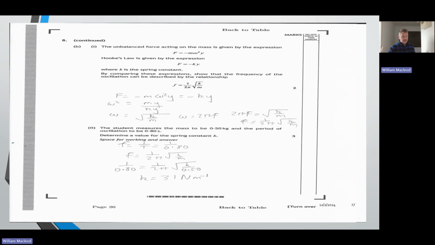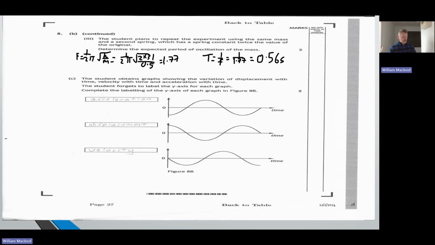Right, so next question. The student plans to repeat the experiment using the same mass and a second spring, which has a spring constant twice the value of the original. Okay, so you use the equation that was given, and you double the spring constant, 2 times 31, and you end up with the frequency to be 1.77 when you do that.